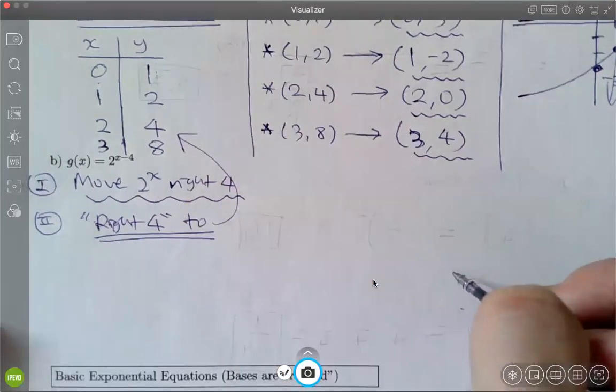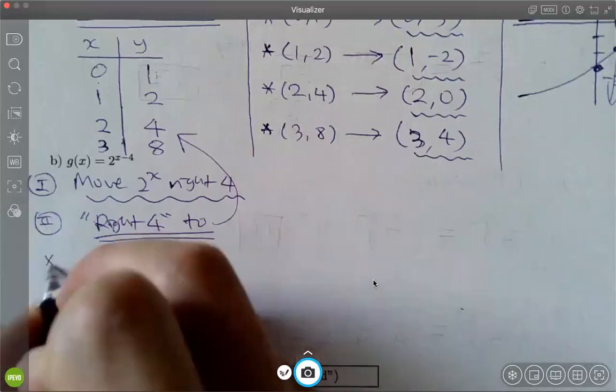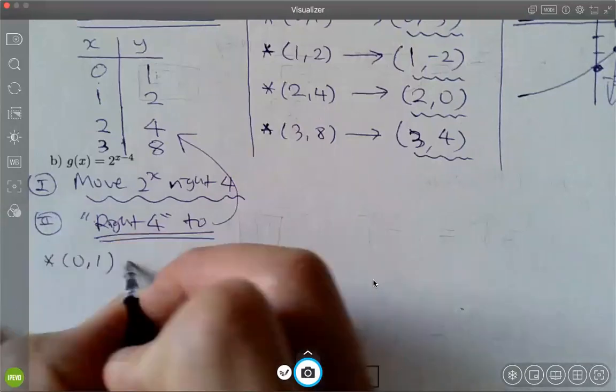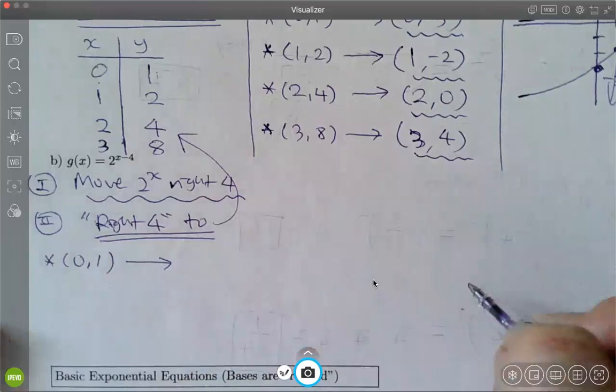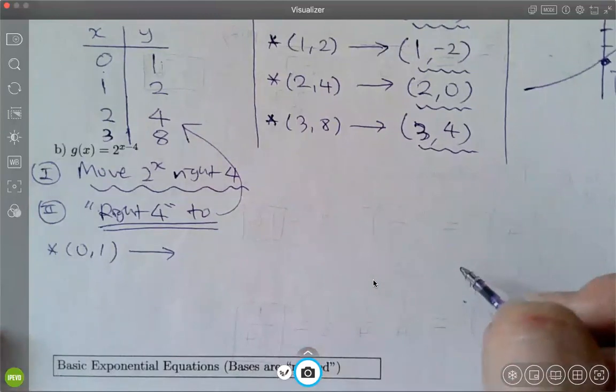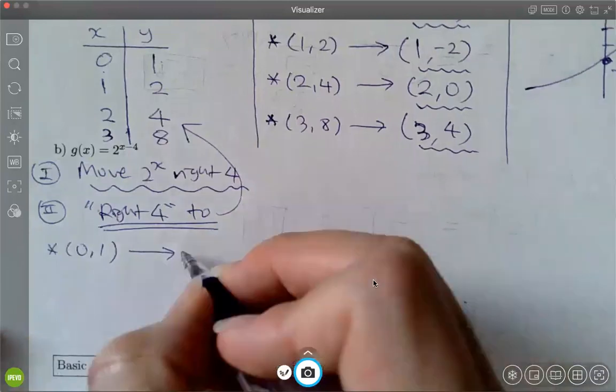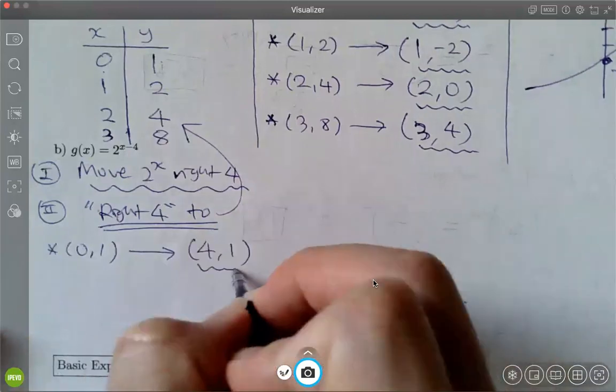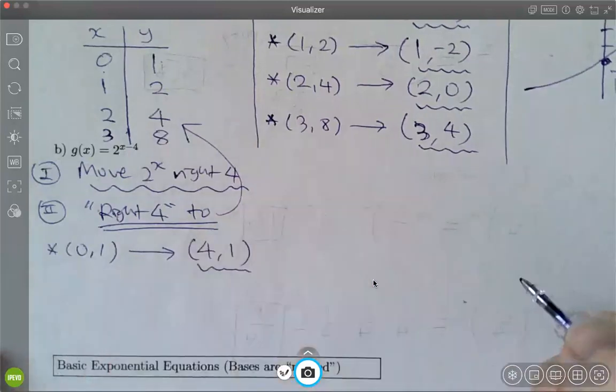Okay, so first, 0, 1. When you go right 4, that means what? You have to add 4, right? Add 4 to where? 0 or 1? 0, right? So what do you get? 4, 1. Okay, and then 1, 2.